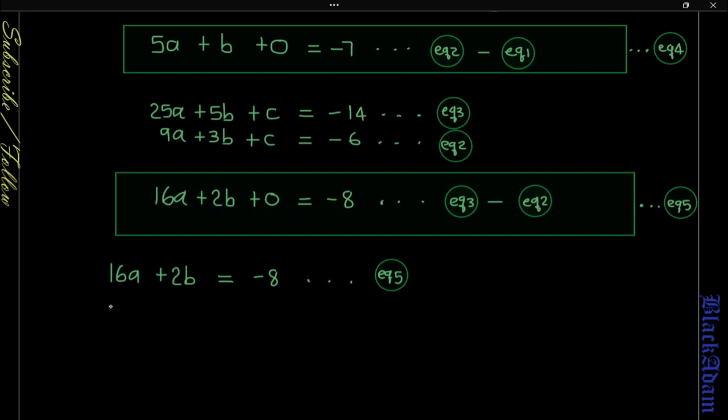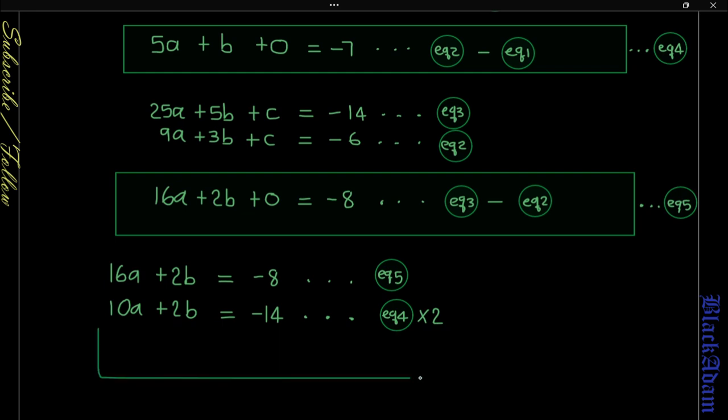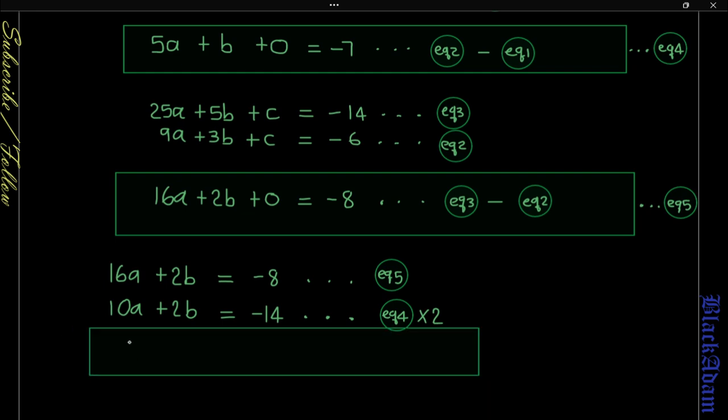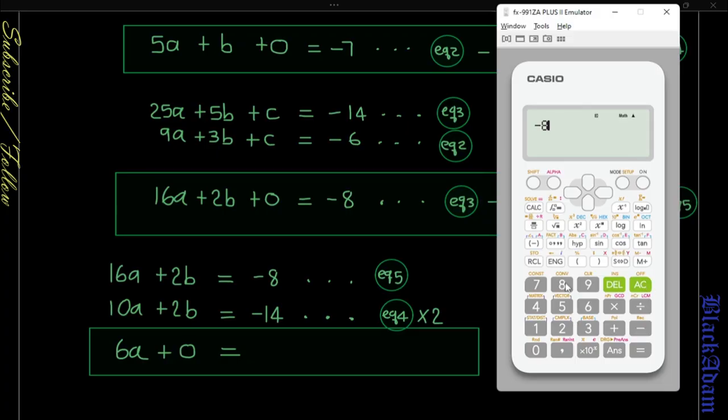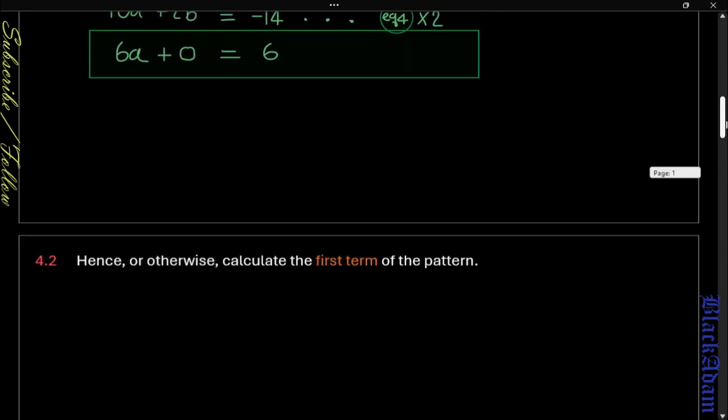We need 10a, 2b, and -7 times 2 is -14, and all that is equation 4 multiplied by 2. Remember that when we subtract, the b must disappear. That's the idea. So 16 minus 10 is 6a, b is 0, and then -8 minus (-14) gives us 6, so that's +6.